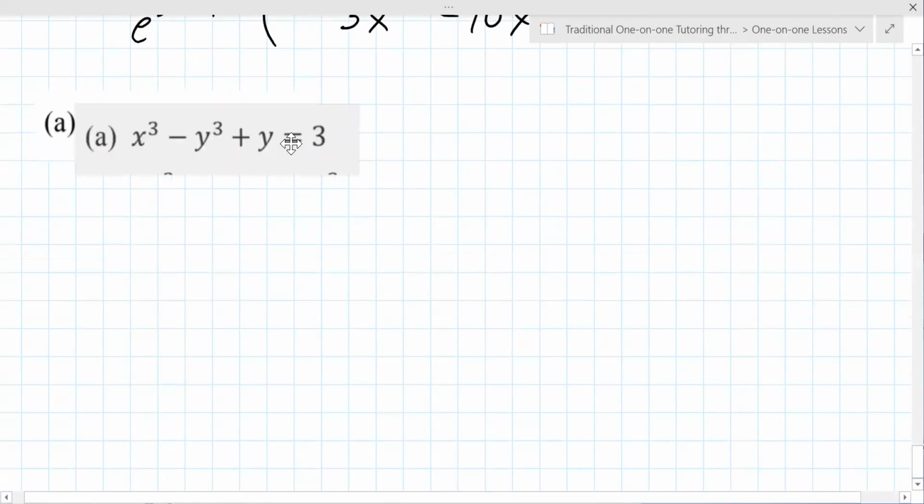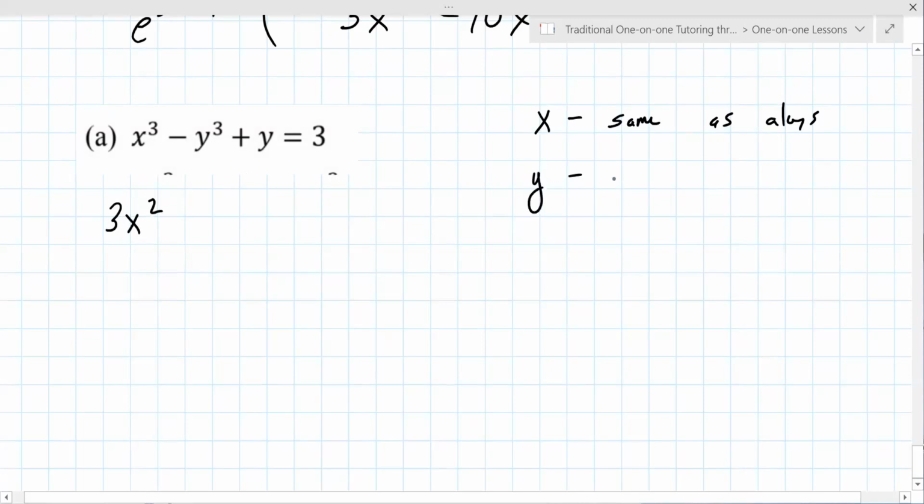So when you're doing implicit derivatives, the x is the same as always. Whenever you see an x, you just treat it like you always do. So what's the derivative of x cubed? 3x squared. Now here's what you do when you see a y. You visualize an x.